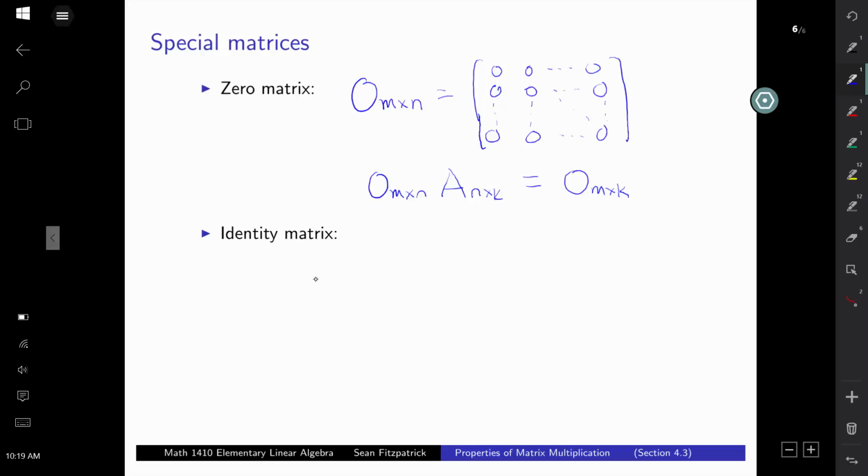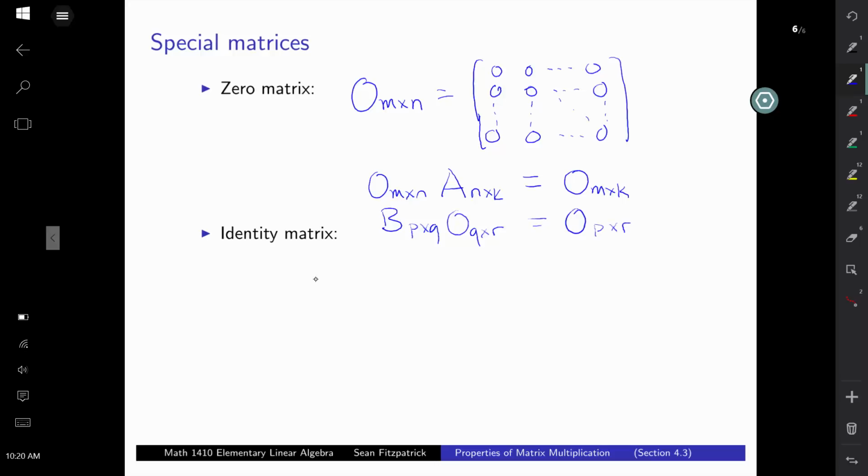It would also be true that if B is size, let's say P by Q, and I want to multiply by a zero matrix, then that zero matrix is going to have the right size, so it's going to have a Q there, Q by R, let's say. That also will give me the zero matrix, but it's going to be a zero matrix of size P by R. Okay.